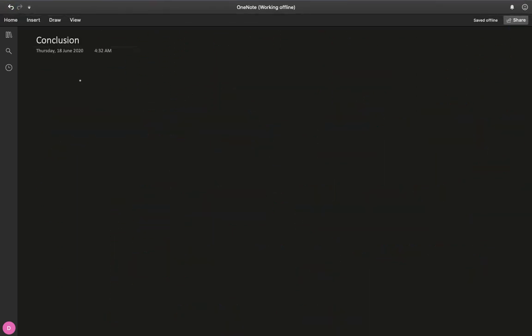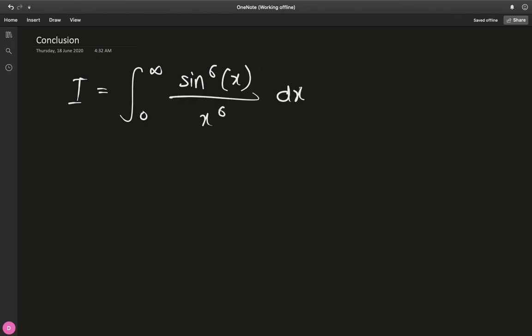So let's draw a conclusion. The integral from 0 to infinity that we originally had of sine to the 6th power of x divided by x to the 6th power, integrated with respect to x, is in fact 11 pi over 40, using all our nice properties of Laplace transforms.